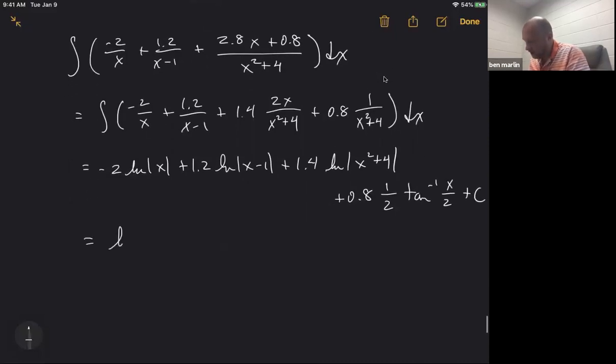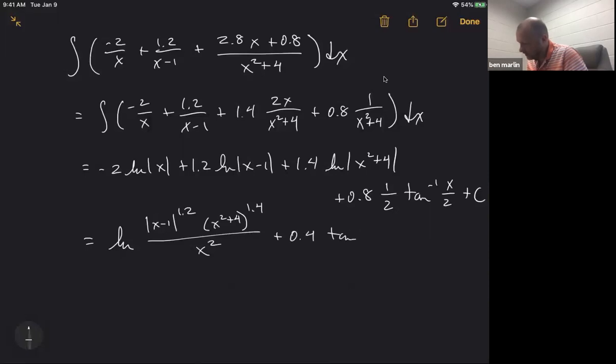If you would like to collect all of your logarithms together, you can have the log of the absolute value, good Lord, of x minus 1 to the 1.2 power, and then x squared plus 4 to the 1.4 power divided by x squared, okay? And then plus 0.4 inverse tangent x over 2 plus c.